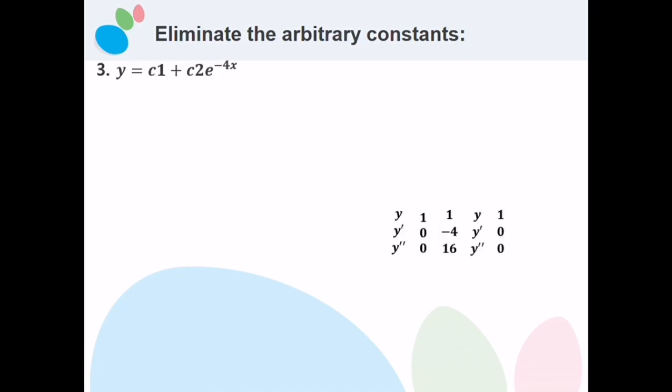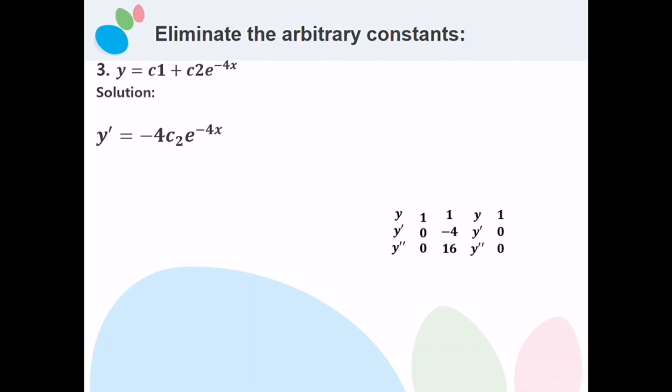So our third example: our equation is y equals c sub 1 plus c sub 2 e raised to negative 4x. Again, our goal is to eliminate all the arbitrary constants, and in this equation we have two arbitrary constants. So our goal here is to differentiate the equation twice to eliminate the two arbitrary constants.